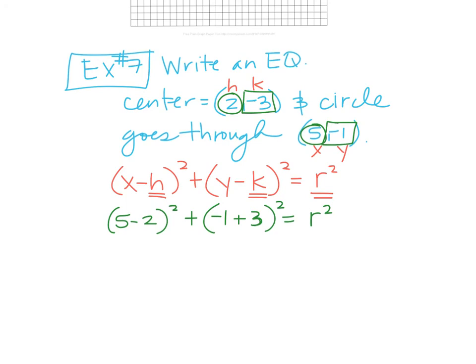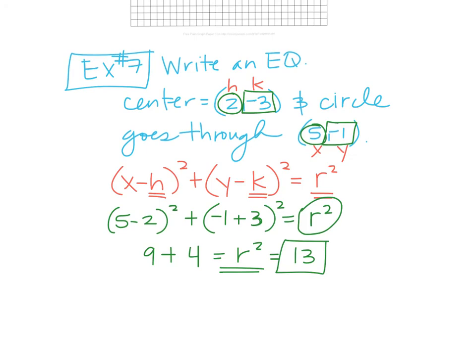We don't need R, so you're gonna leave it as R squared because that's what we wanna plug in. So we're gonna go 5 minus 2, so 3 squared or 9, -1 plus 3, so that would be 2 squared, so 4. So R squared is 13, okay? Do not square root it. We want R squared in our formula.